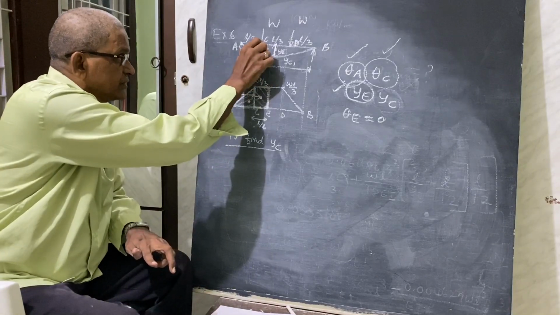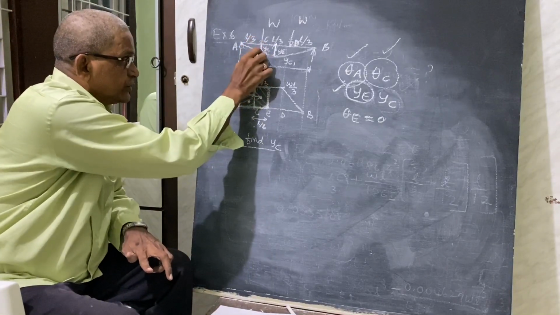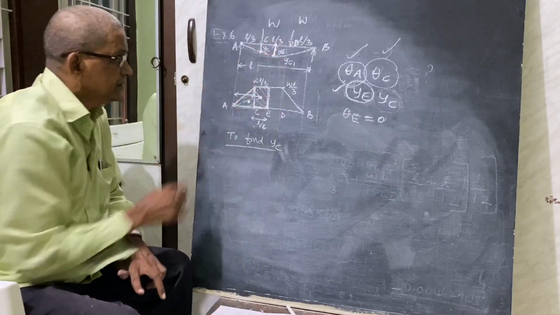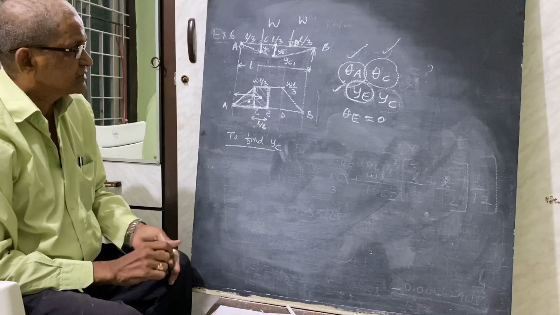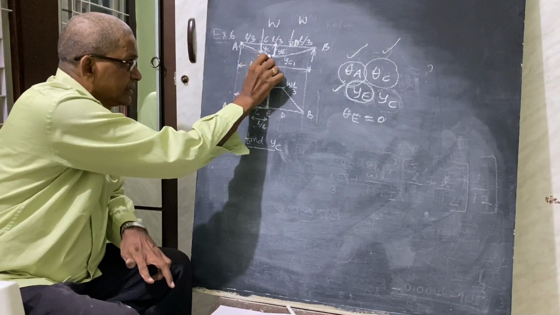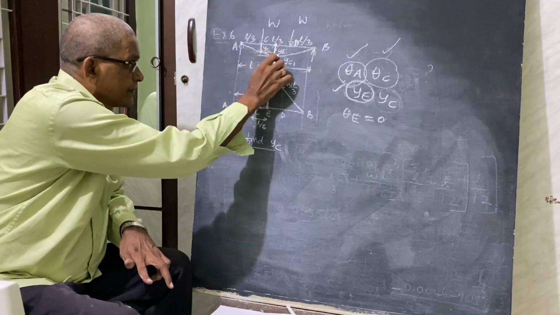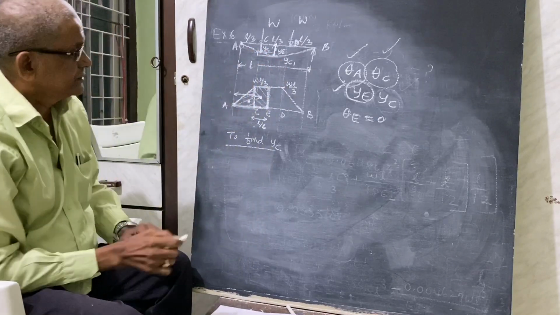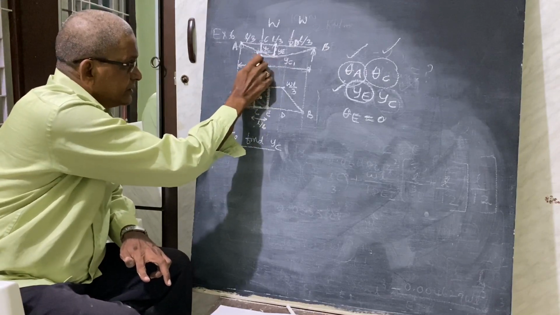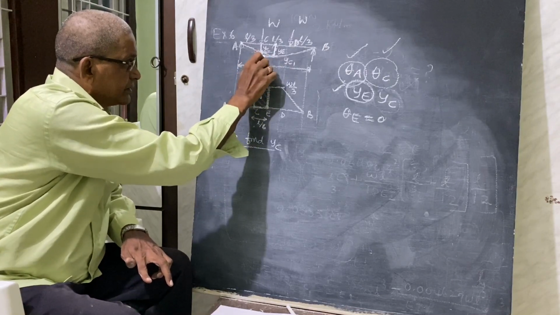So C, which was here before load, has come to this point. E, which was here, has come to this point. So what is the difference of deflection between C and E? C is here, E is here. So the difference of deflection is this one.